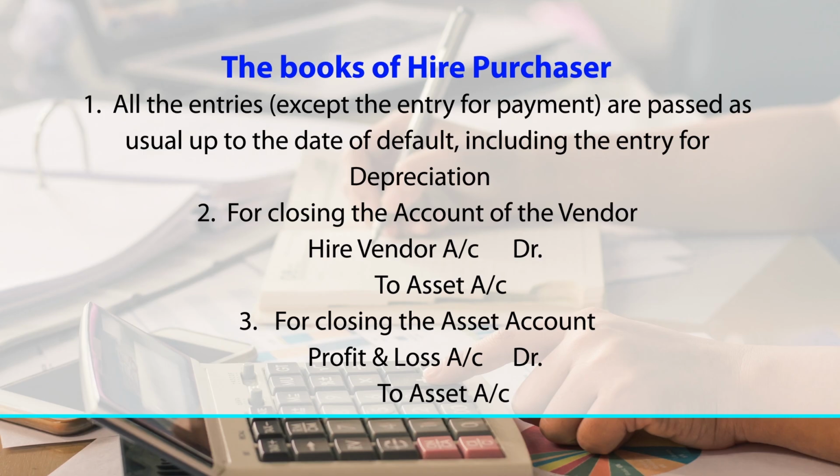For that, the journal entry would be profit and loss account debit to asset. When we are returning the asset, of course, either we will have a profit or loss on account of returning the assets to the hire vendor. This journal entry is in case there is a loss on account of returning the asset to the vendor, profit and loss account debit to asset.